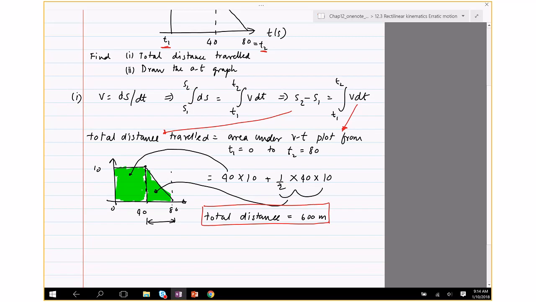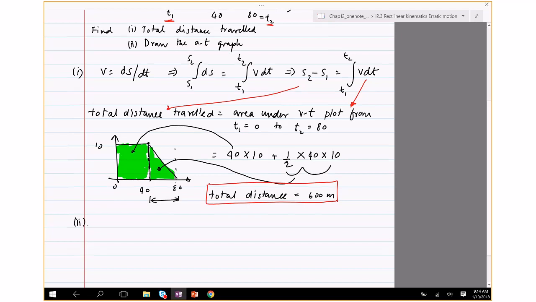Is that clear? The next question is to draw the acceleration time graph. Acceleration is the rate of change of velocity.